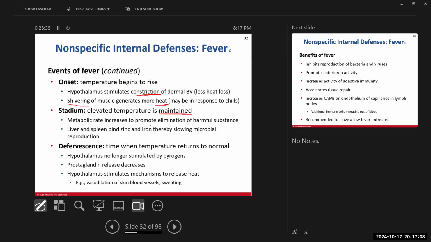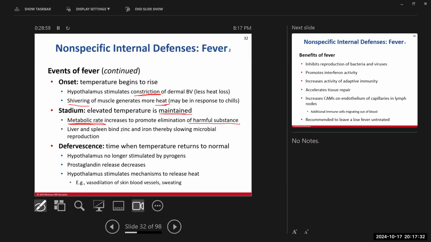This maintained temperature is going to help increase our metabolism, so we can continue to combat the pathogens, but it also helps us get rid of any harmful substances that may have resulted from the infection.